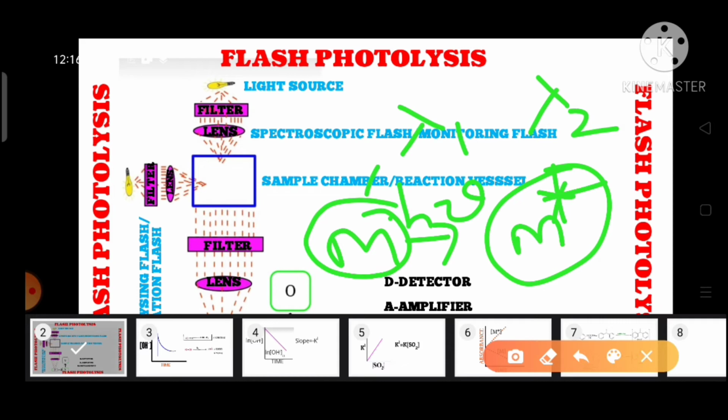By measuring the absorbance at lambda 1 and lambda 2, we can observe the changes in the concentration of the M and M* molecules.